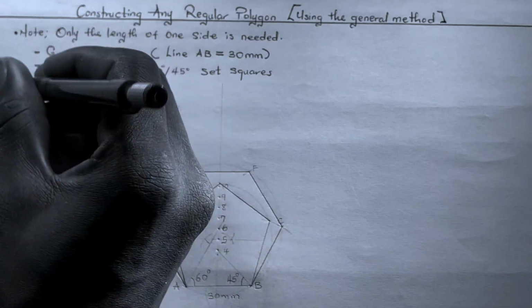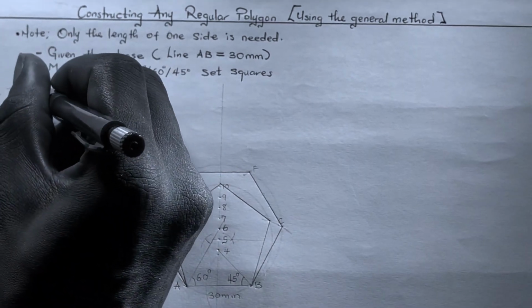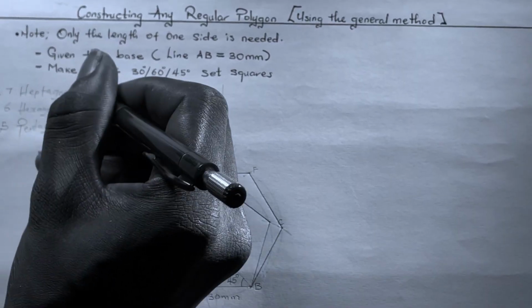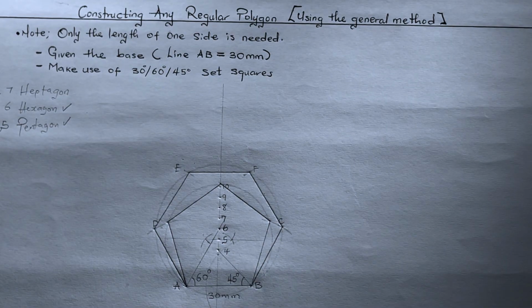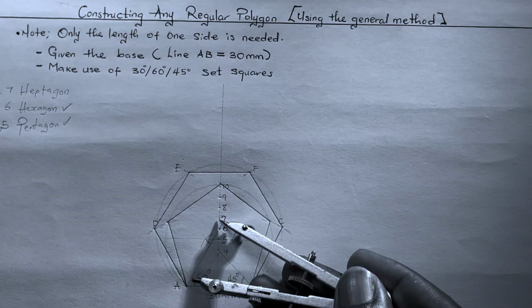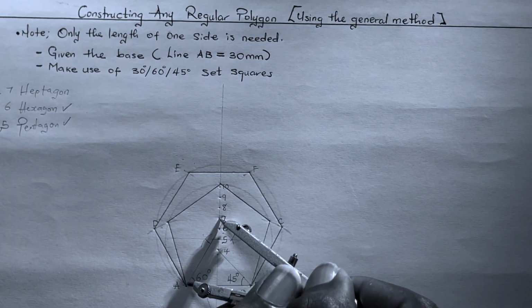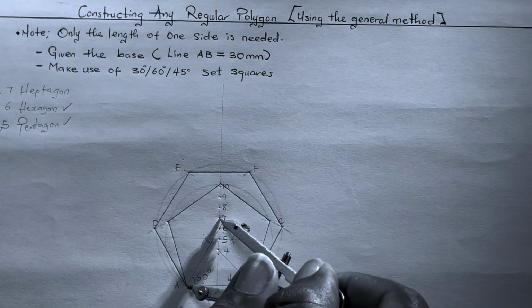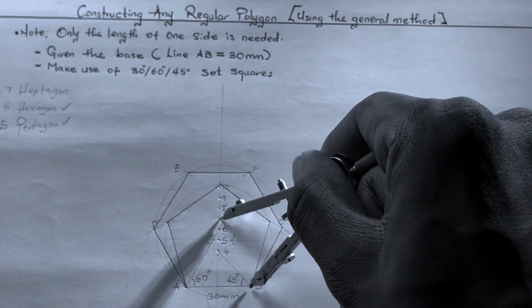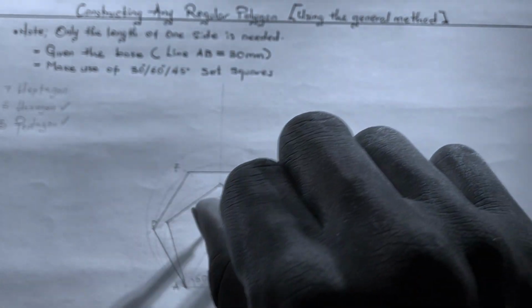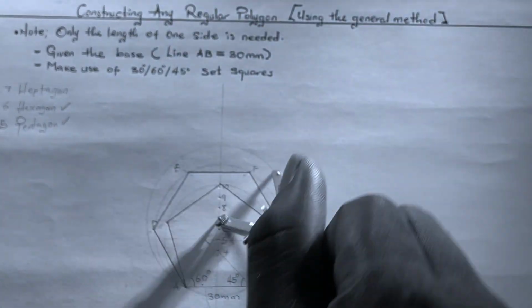Now to our heptagon, which has 7 sides. To construct our heptagon, from the way we have started from the very beginning, we come to point 7, which is heptagon, and then we extend our compass to point A or point B, and with this we draw our circle for our construction area.